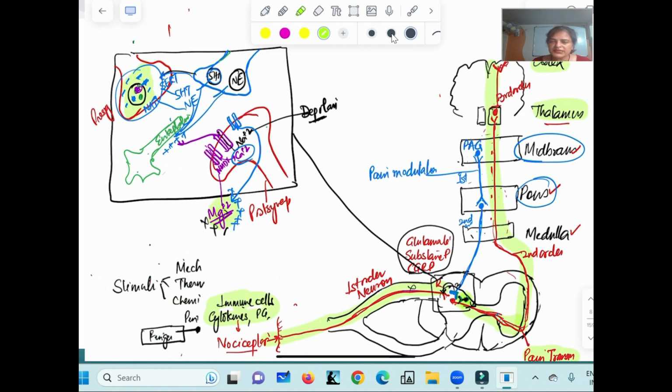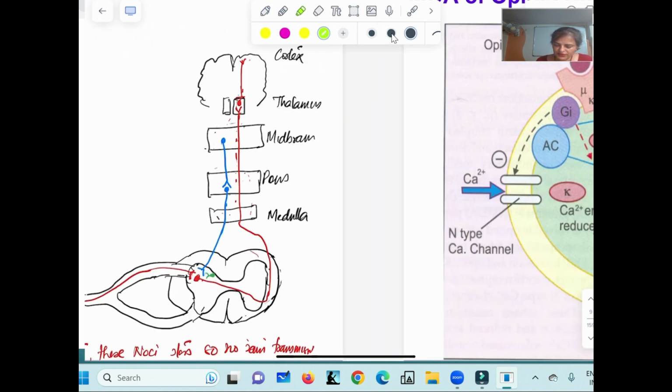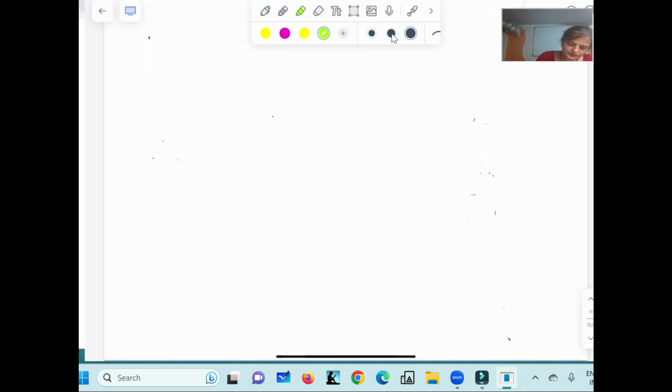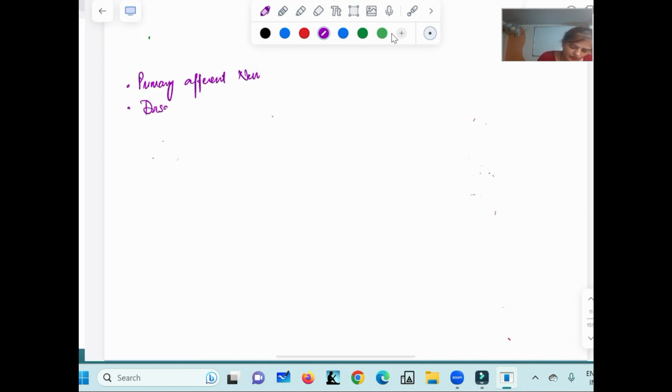And where are they present? The opioid receptors, everywhere. Like यहाँ से शुरू हो जाओ, from the primary efferent, I'll write somewhere. So they are present in the primary efferent neuron, then dorsal horn of spinal cord.